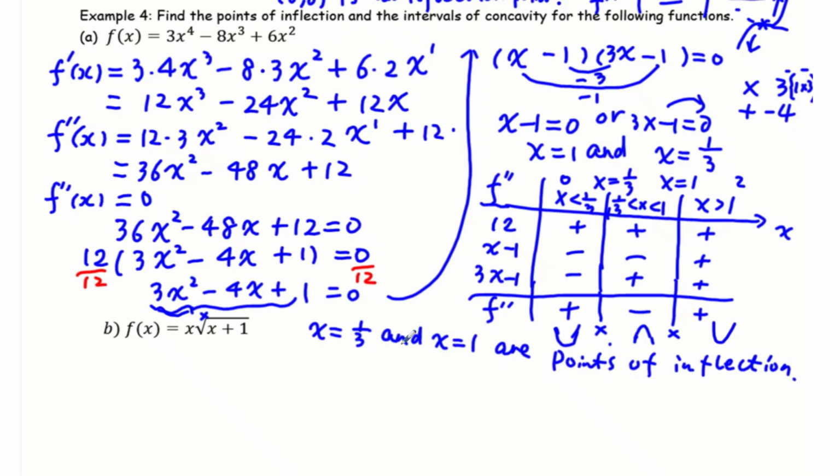Okay, so this one is around 0.3. Sub in from the graph, we could read it. So the y value you sub in to the original function is around 0.4, and when x equals 1, the y value is around 1. Okay, they are the points of inflection.